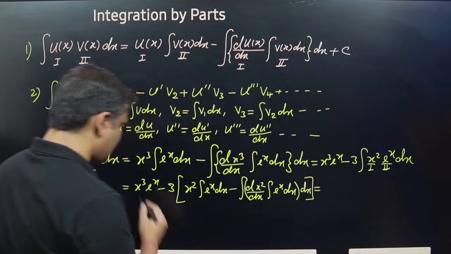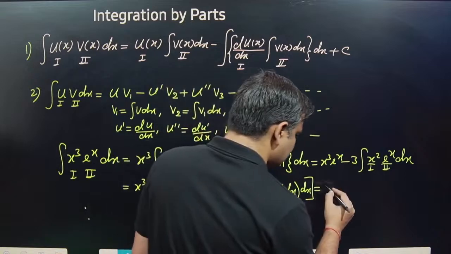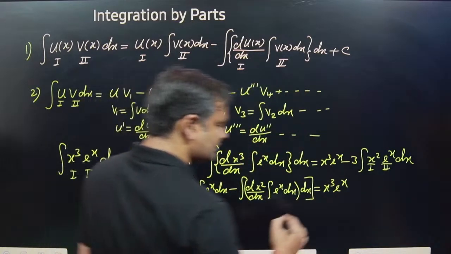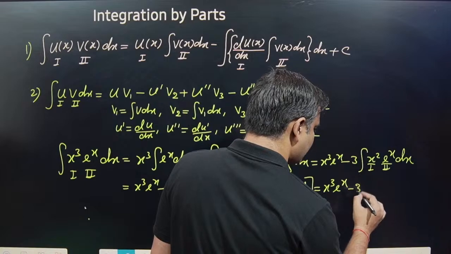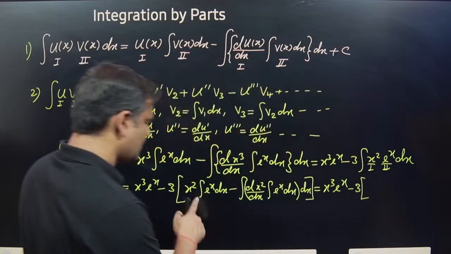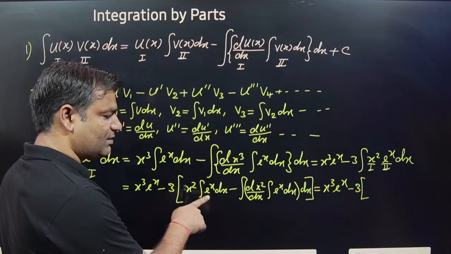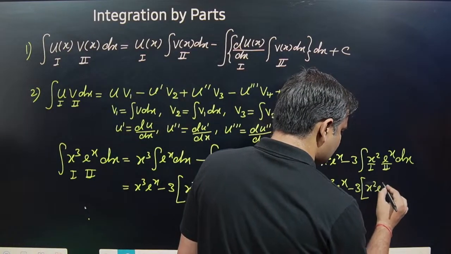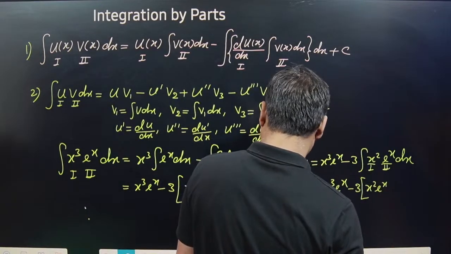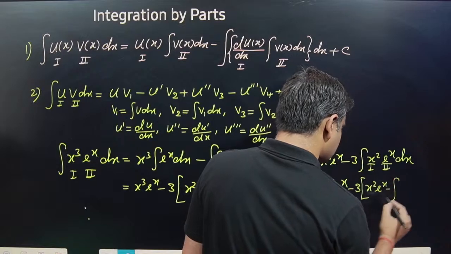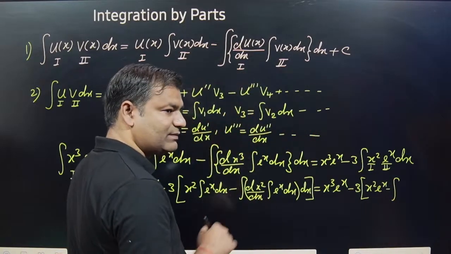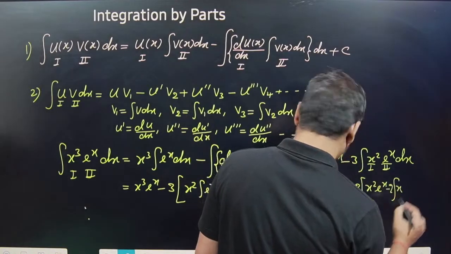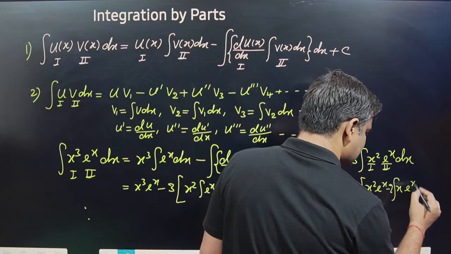Clear? So what is that value? Simply x cube into e to power x minus 3 times x square into e to power x, minus, differentiation of x square, which is 2x. So 2x into e to power x dx.